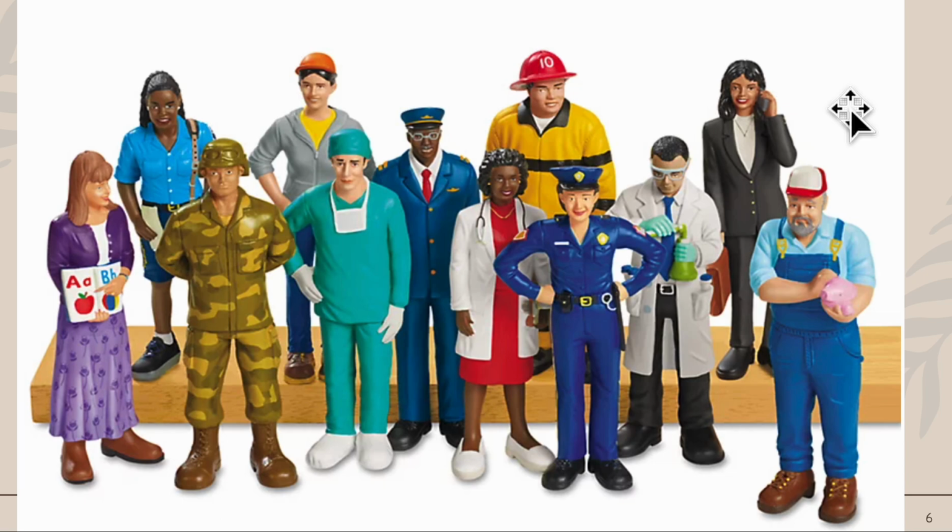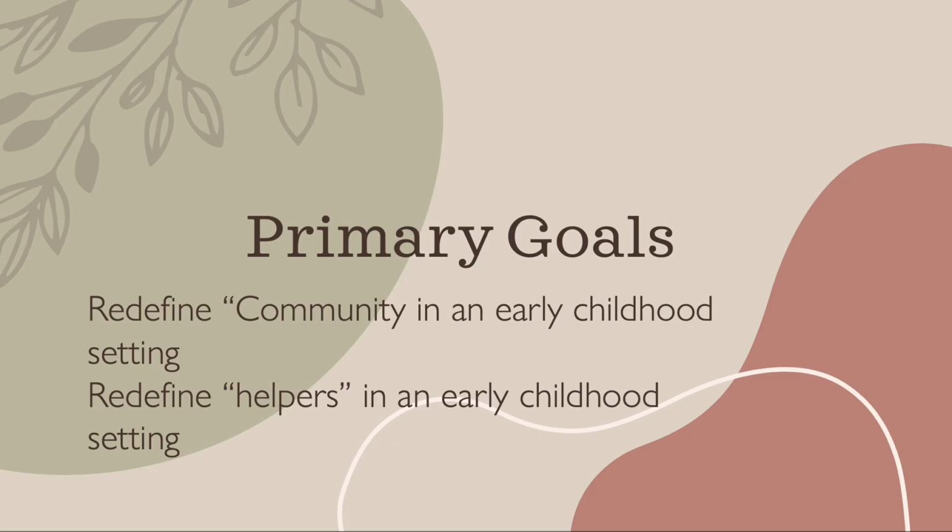And then the part 2 of this is, how can we expand who qualifies as a community helper? So those are our 2 big dilemmas. So what are our goals here? We're going to redefine community in an early childhood setting and redefine helpers in an early childhood setting in order to accomplish that goal of both expanding the types of roles and expanding our view of who exists in those roles.